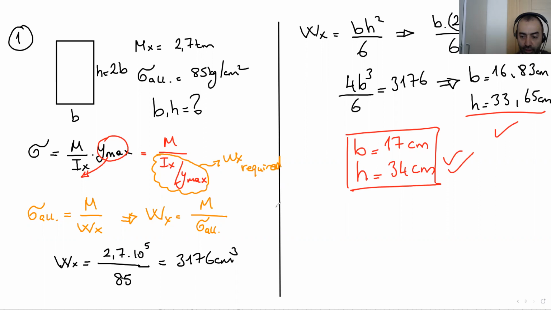Okay, this is the first question. Any questions so far? The second question here is, we have a T section.